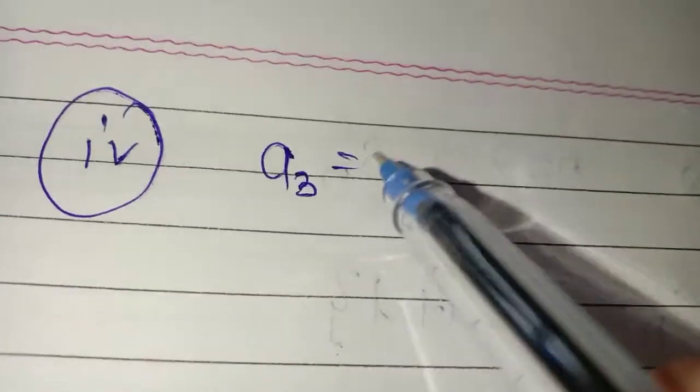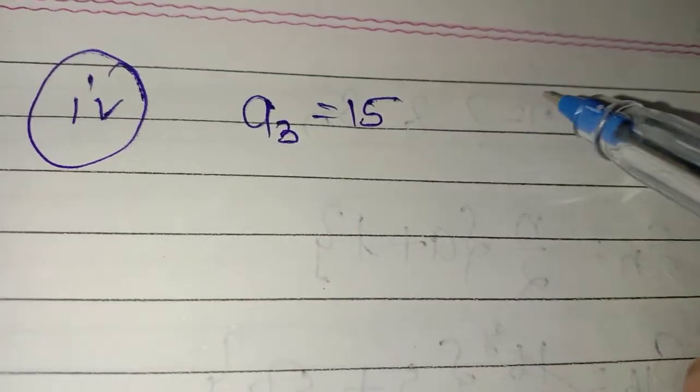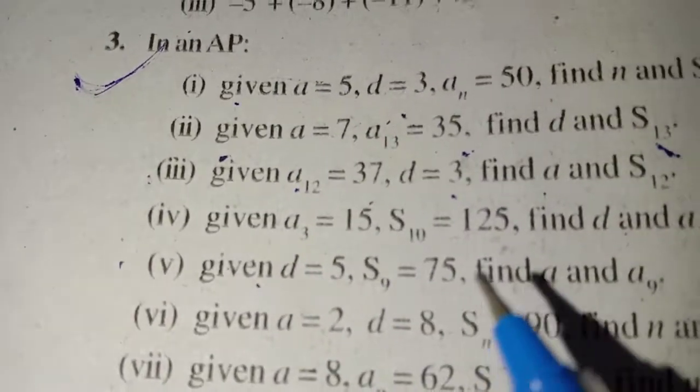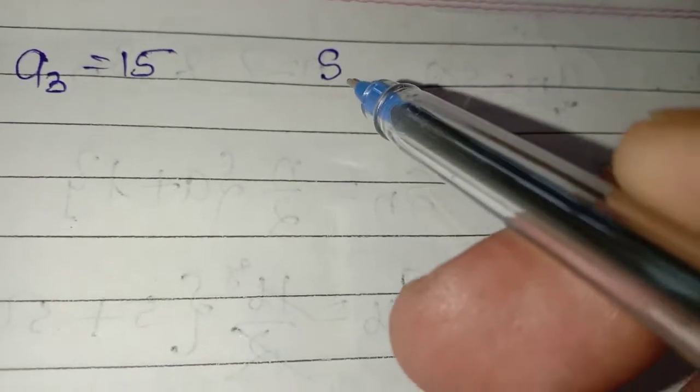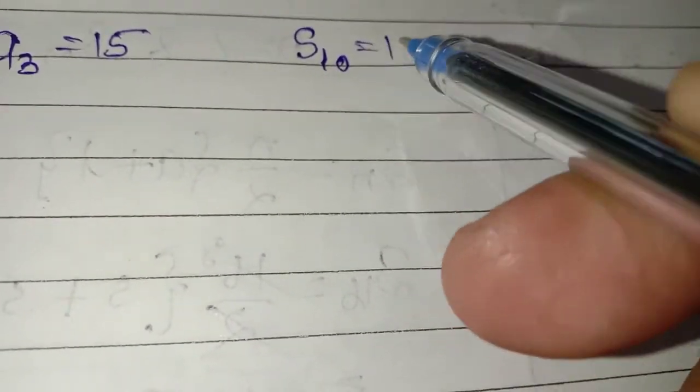Just a minute. See now, question number 4 is given: A3 is equal to 15 and S10 is equal to 125.